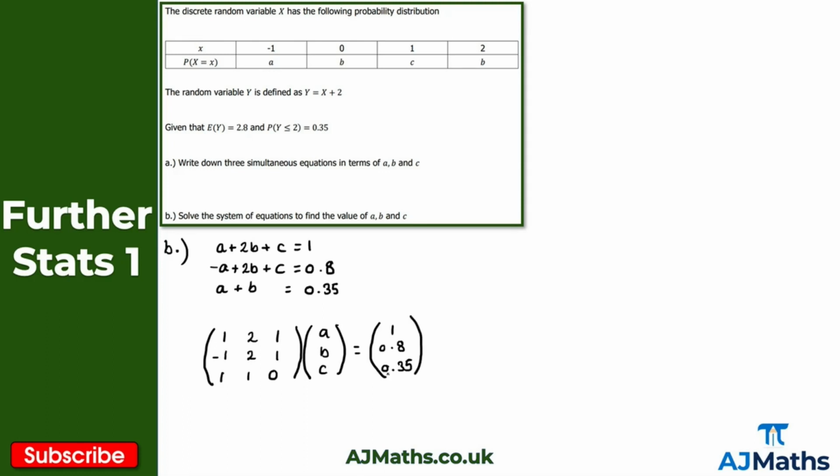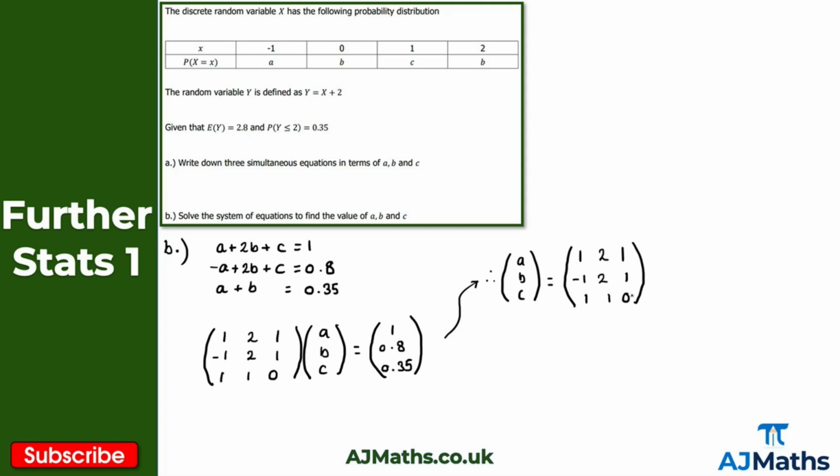Now from here, you can do this by hand, but I wouldn't recommend it. The idea that the examiners are looking for is that you use your calculator. So for this matrix of a, b, c, what I need is to take this matrix here, find the inverse, and multiply it by this matrix here. So that's 1, 2, 1, minus 1, 2, 1, 1, 1, 0.